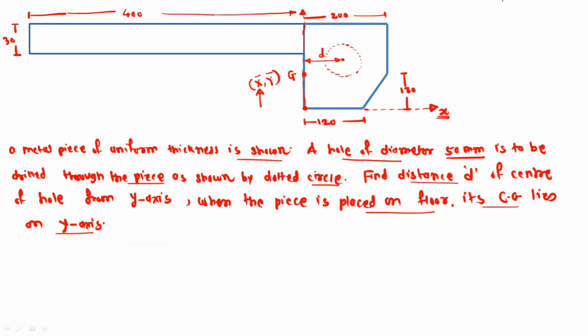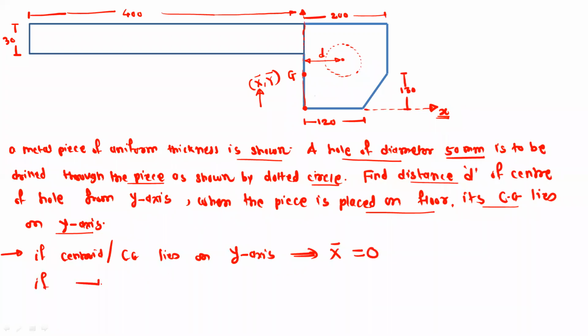Yes, you can give the answer. Yeah, it is 0. Okay. For any object, if the centroid or the center of gravity lies on the y-axis, its x coordinate, that is x bar, will be 0.